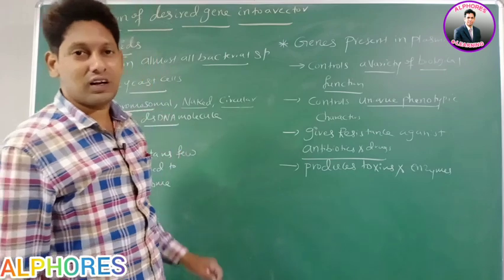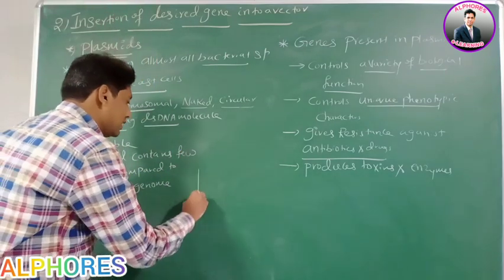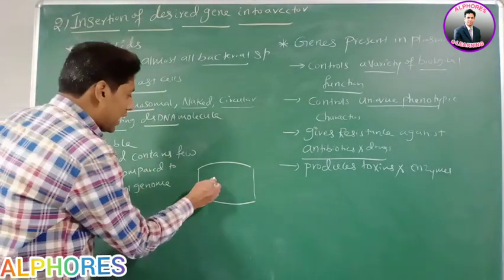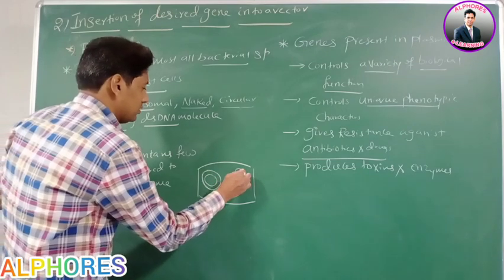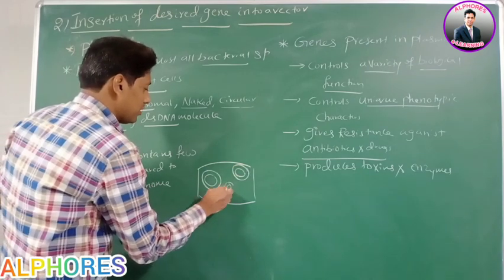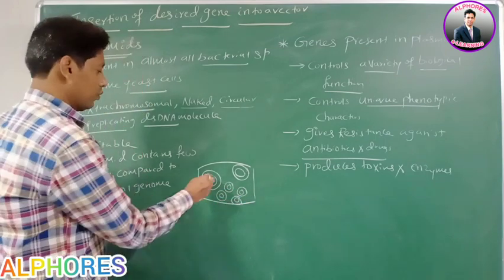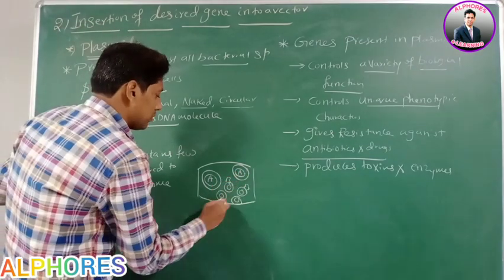Right? Now go for copy number. What is the meaning of copy number? See here, take a bacterial cell. In this bacterial cell, I am taking two types of plasmids. One is A plasmid and the second one is B plasmid.